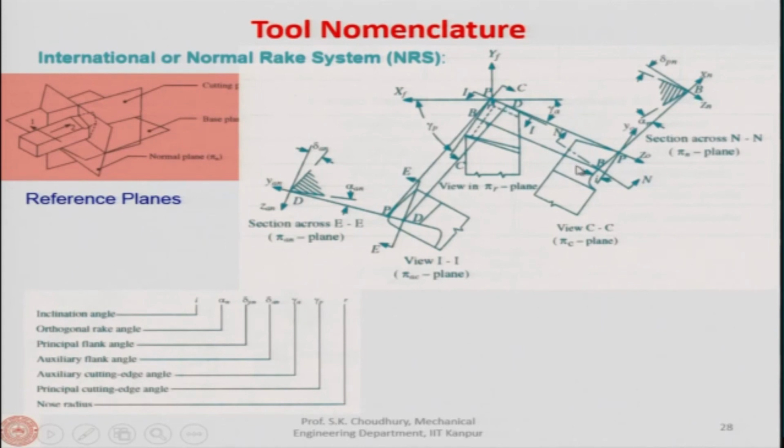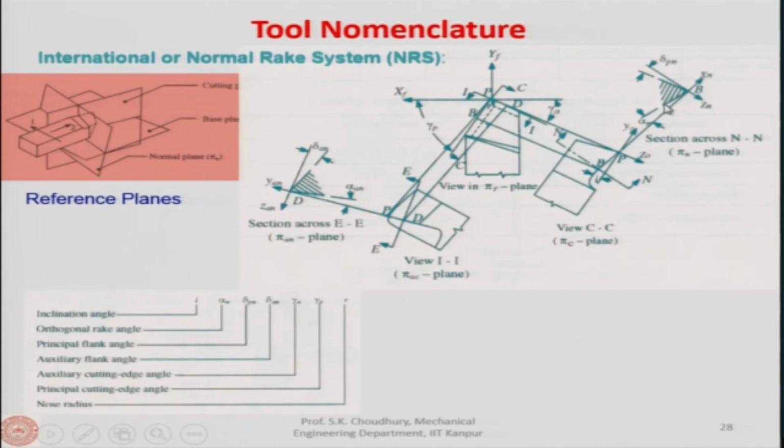Now, if we take the perpendicular to this cutting edge NN and perpendicular to this cutting edge which is EE, we will see these two views. So, in these two views, this is the rake face like this will be revealed here, and this is the rake face here, this is revealed here.